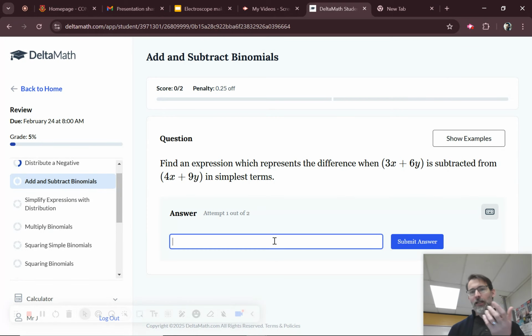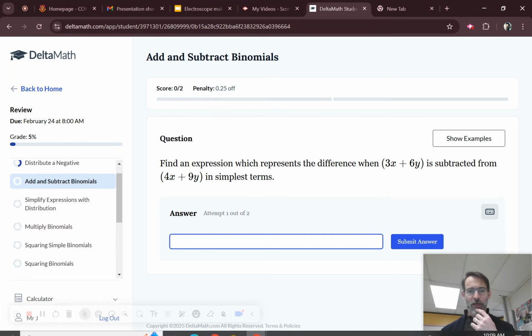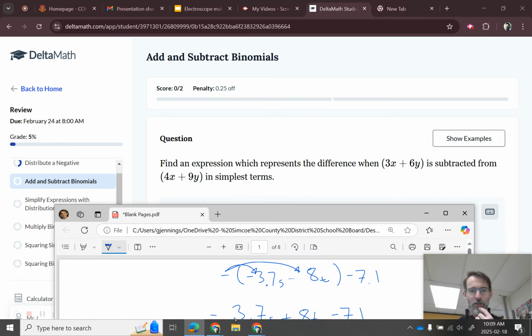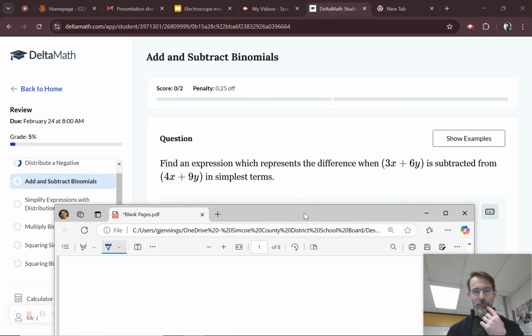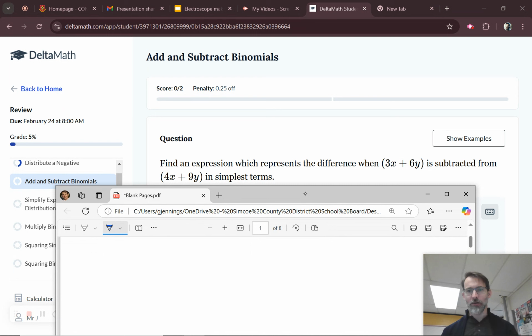Okay, adding and subtracting binomials. Here I want to find an expression which represents this when it's subtracted from that in simplest terms. So I'm going to go ahead and get some paper and copy that out. If I have 4x plus 9y, and then I subtract 3x plus 6y, we'll see it's kind of the same problem.